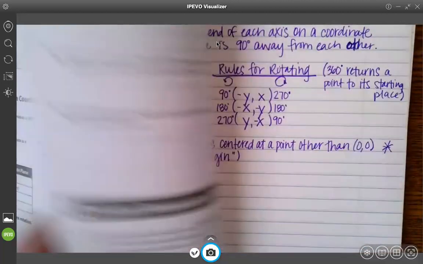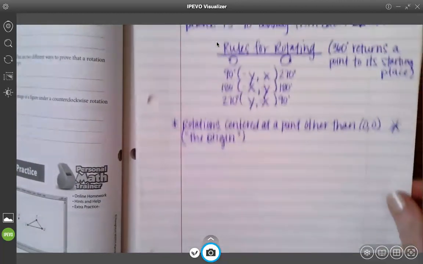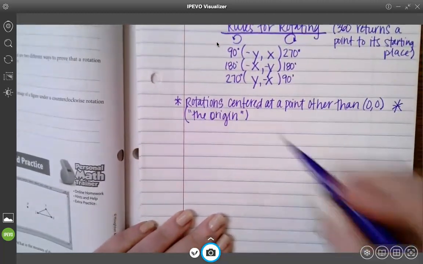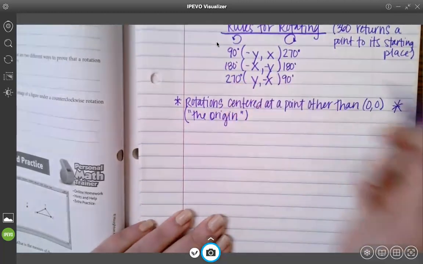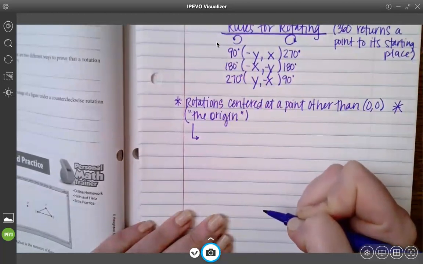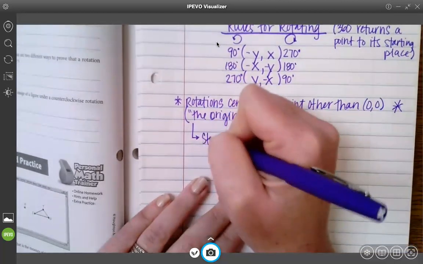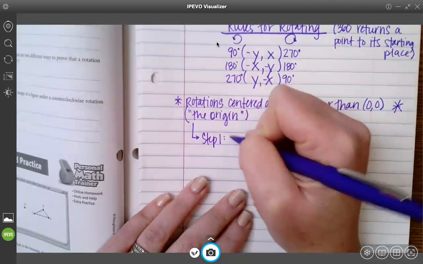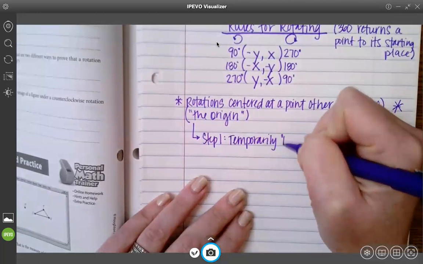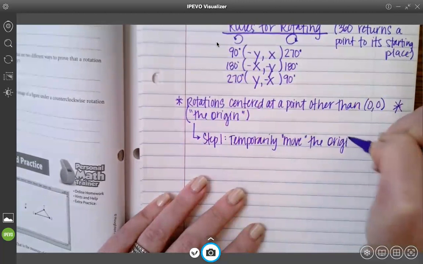Sometimes you need to have rotations that are centered elsewhere. And so really what I find to be the best way to accomplish those rotations without making it overly complicated is to pretend that the point where the rotation is centered is the origin and give yourself all new numbers. So step 1, temporarily move the origin.